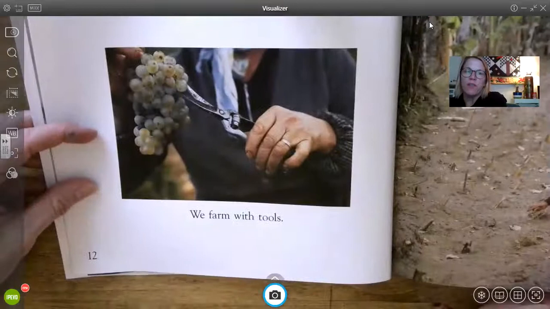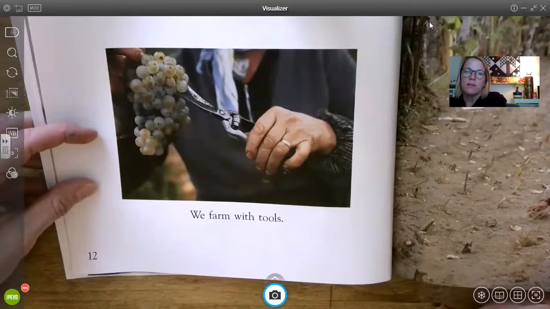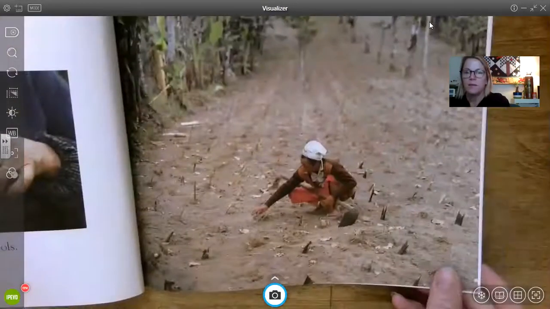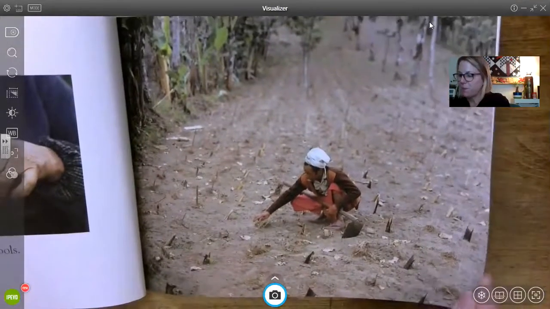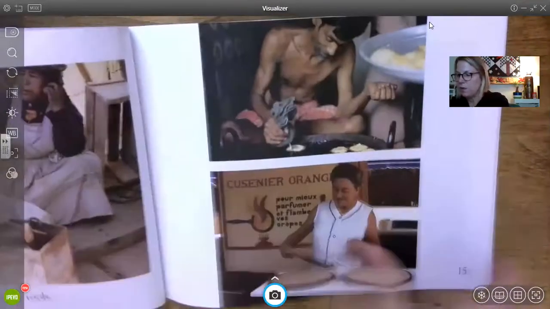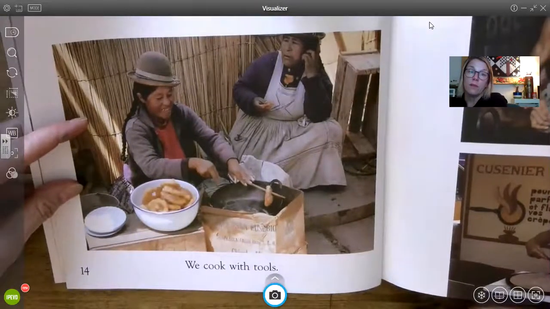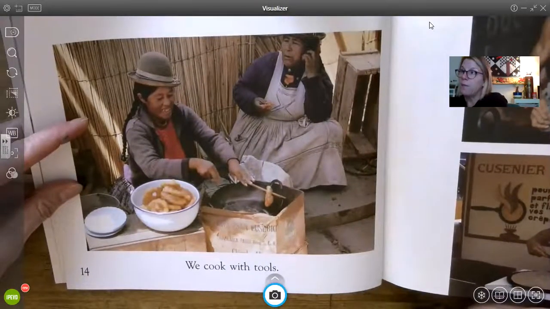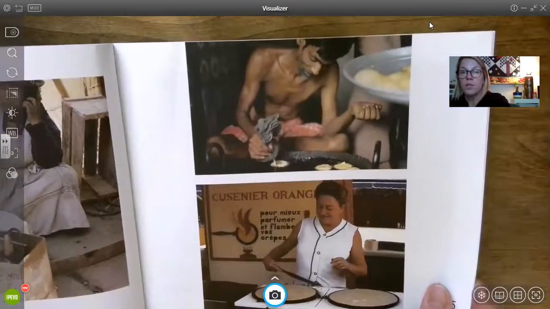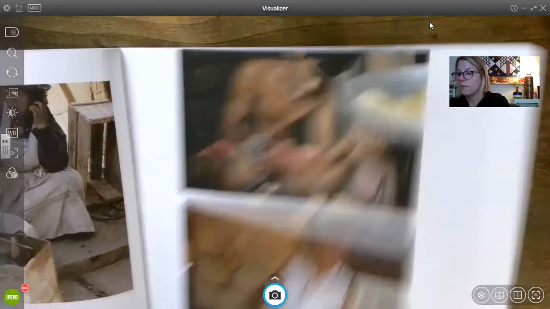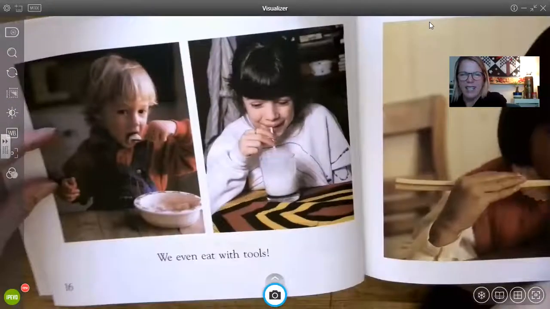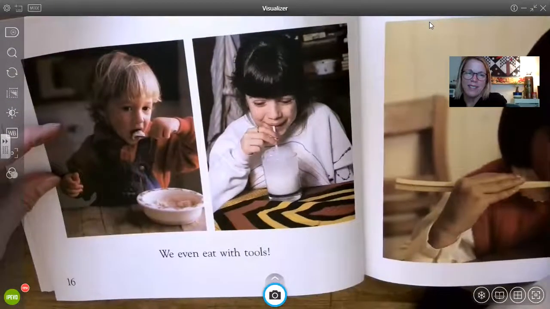We farm with tools. We cook with tools. Again, this book is about people all over the world using tools in different ways. We even eat with tools.